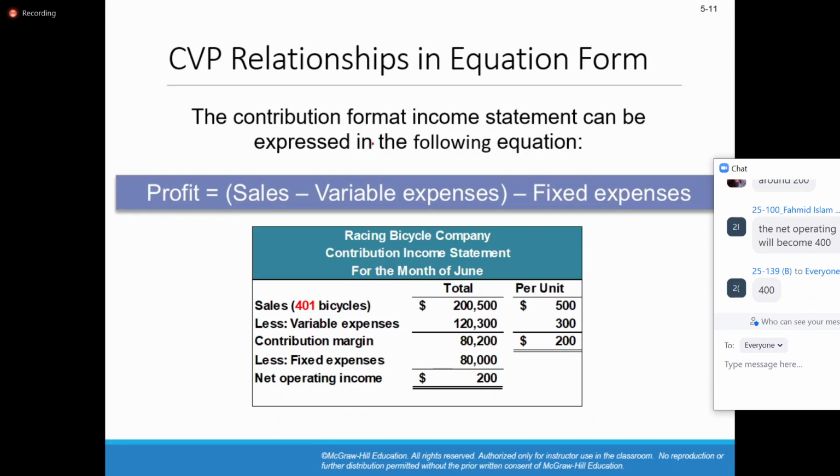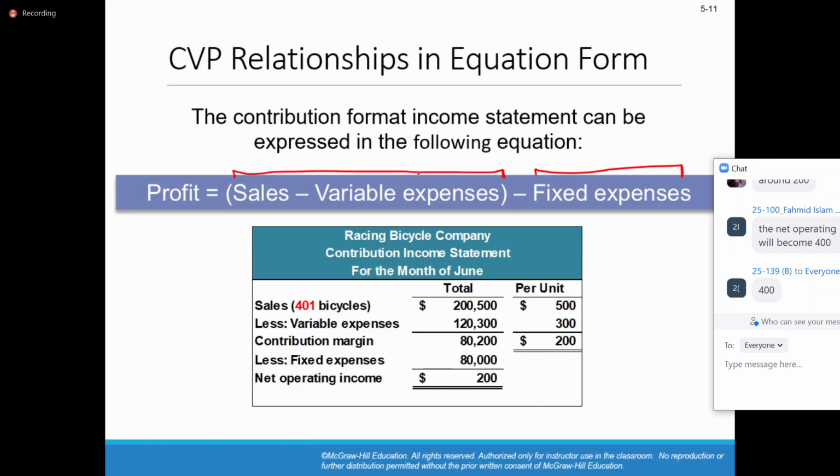So what will be the equation? You see, we have the sales number first. We need to subtract the variable expenses, and from this we get the contribution margin, and from the contribution margin we need to subtract the fixed expenses.